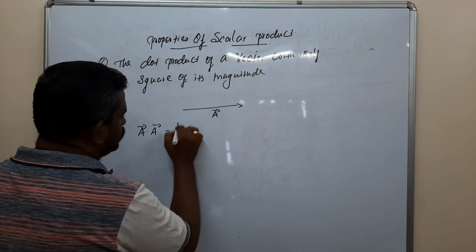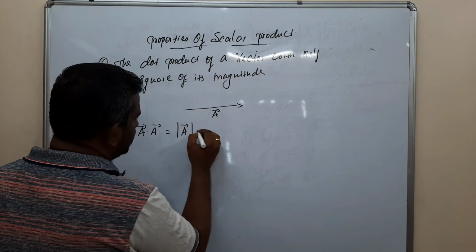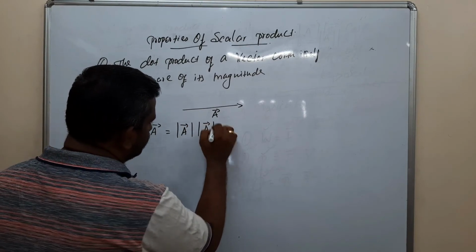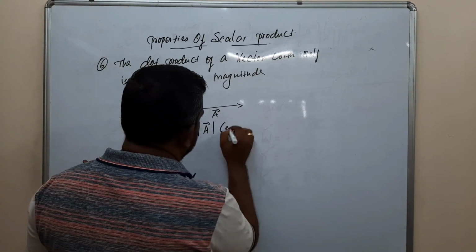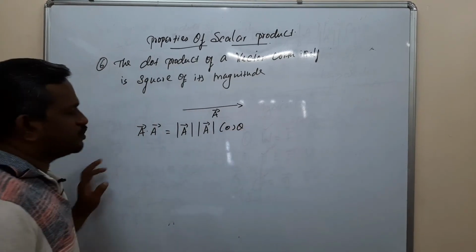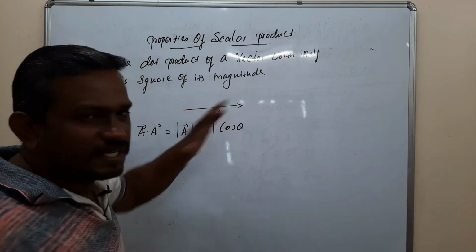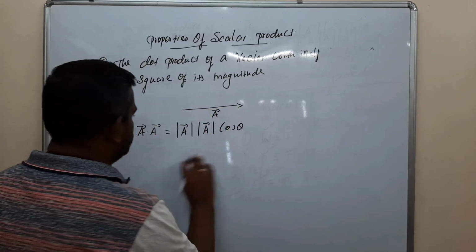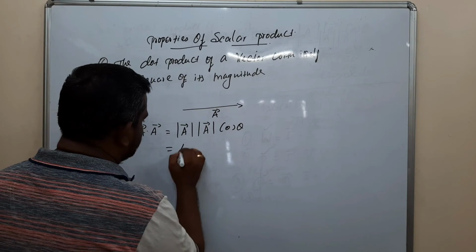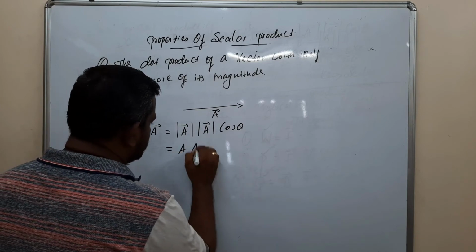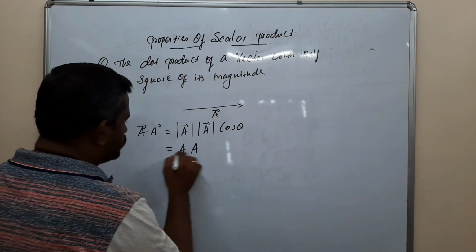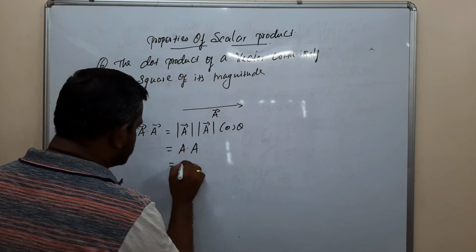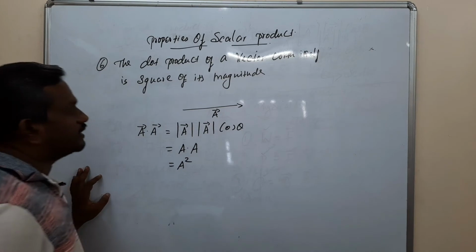So that's equal to modulus of A vector times modulus of A vector into cos theta, where theta is the angle between A vector and A vector. What is the angle? That is 0. So cos 0 is 1, and we get A into A, that is A square.